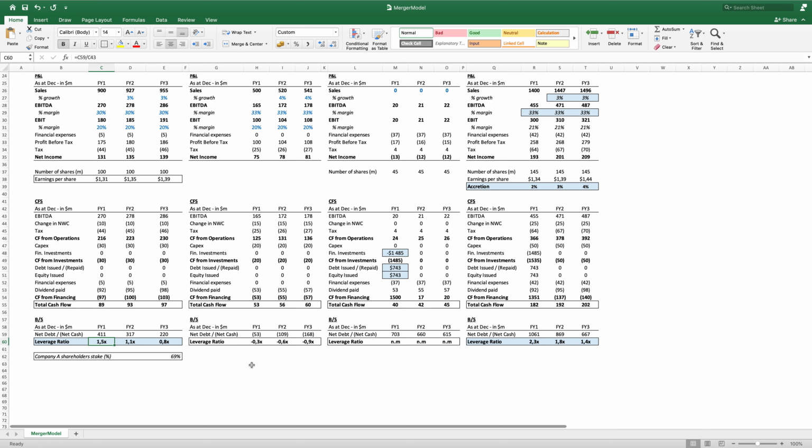And in this example, we have a company A which has a 1.5 times leverage ratio, and we see here that after the transaction, the ratio would deteriorate to 2.3 times.